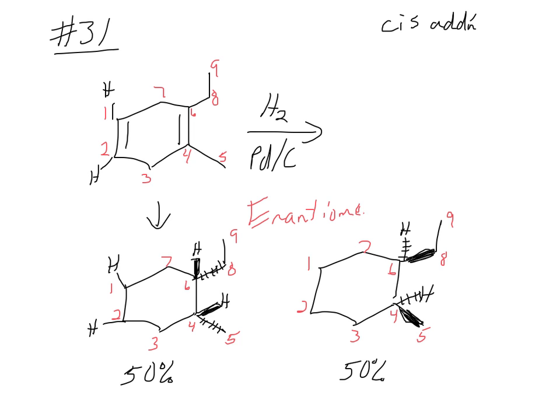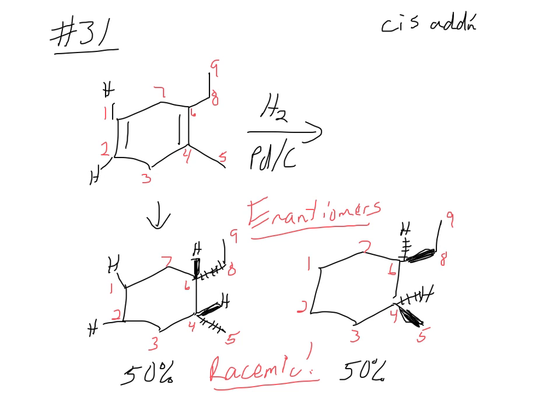Everything is opposite. And because they're a 50-50 mixture of enantiomers, we call that racemic. They'll always be enantiomers of each other, no matter what it's reacting with. If you're making asymmetric centers like this with H2, you will always make enantiomers, unless there's another stereo center in the molecule.